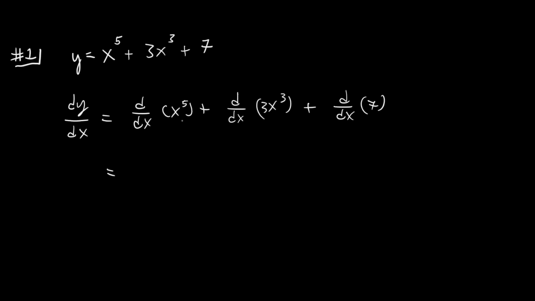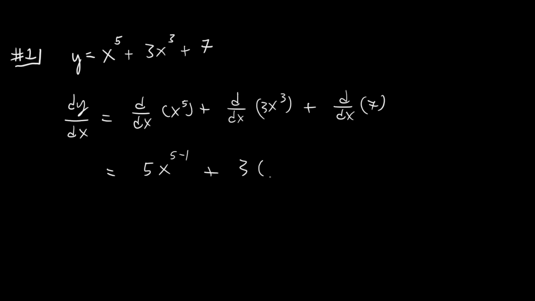The derivative of x raised to 5 is 5 times x raised to 5 minus 1, plus the derivative of 3x cubed. We just copy the 3, then derive the x cubed.